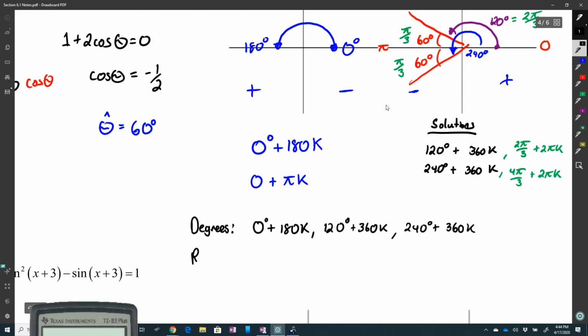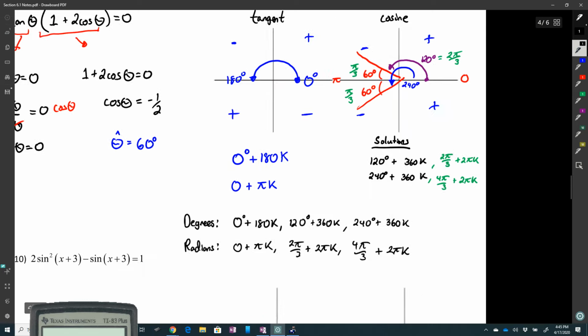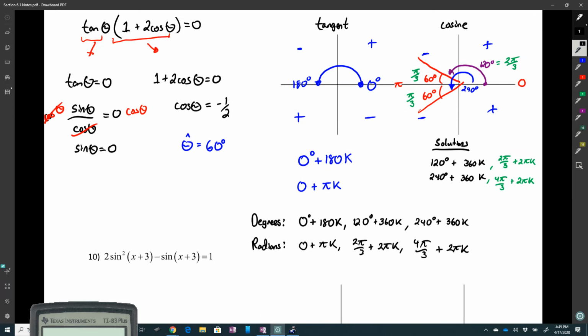If you were doing this in radians, you would say 0 plus pi k, 2 pi over 3 plus 2 pi k, and 4 pi over 3 plus 2 pi k. There is a way to simplify that, but for now, we're not focused on that. I'm just focused on can you get the solutions.